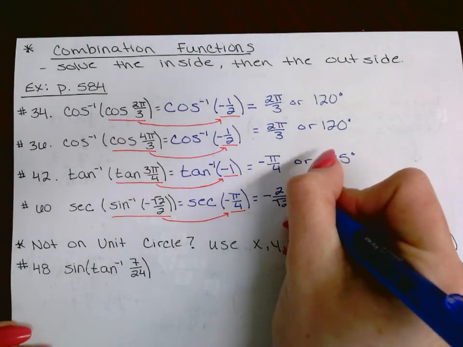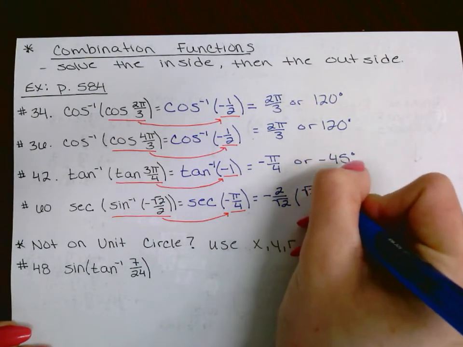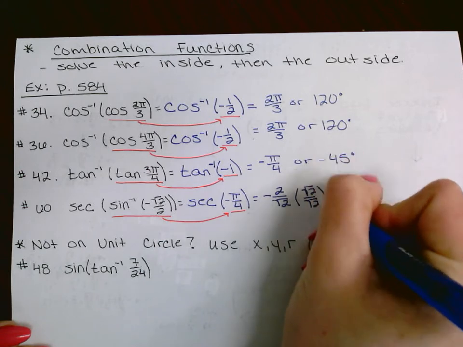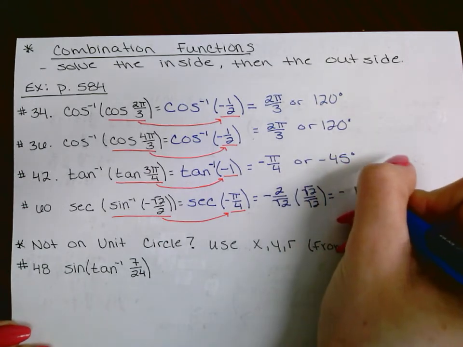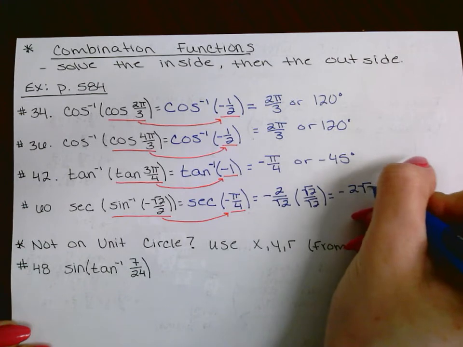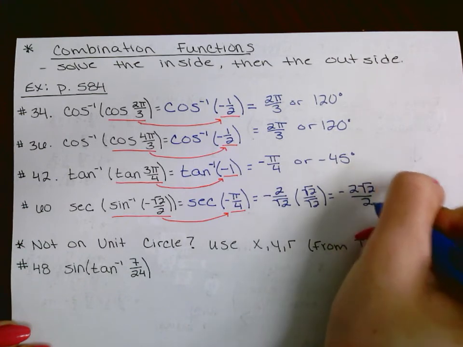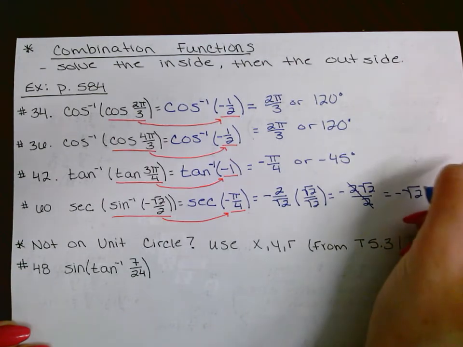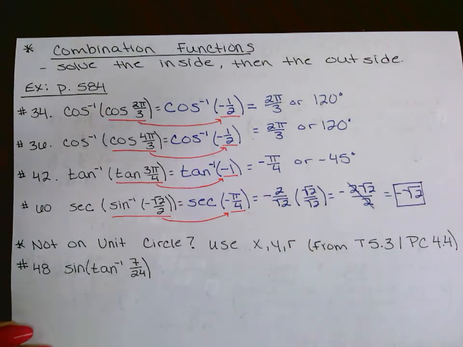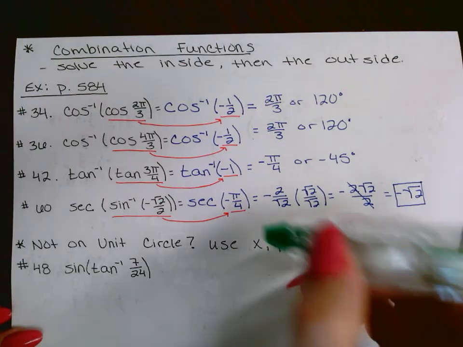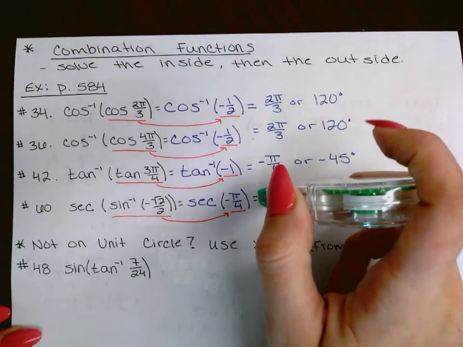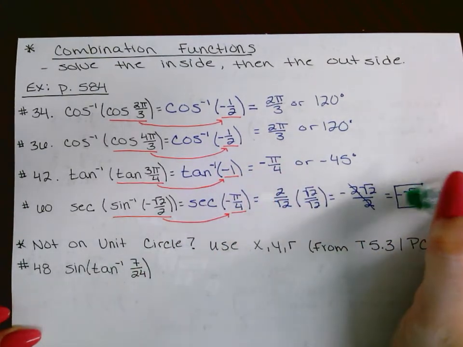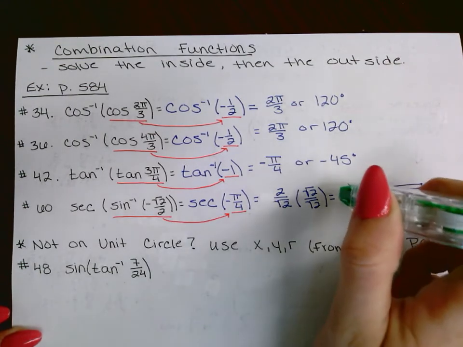All I have left to do is rationalize this one. And I have negative 2 radical 2 over 2, which these 2's cancel, and my answer is negative radical 2. All right, and I just had a student correct me that cosine in quadrant 4 is positive, so thank you for that. So this should all just be positive.